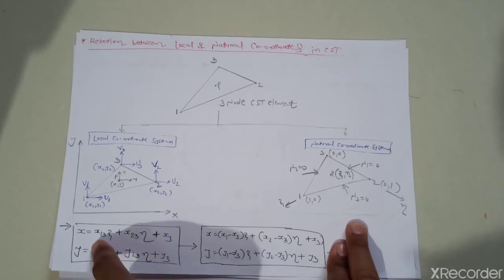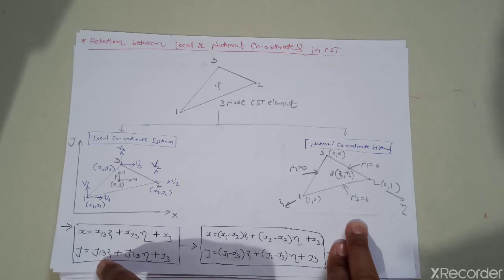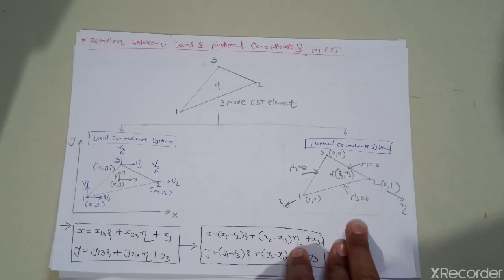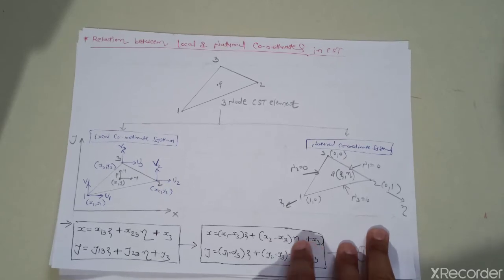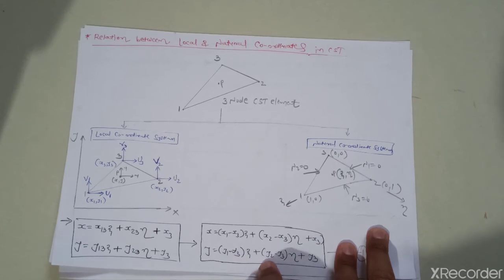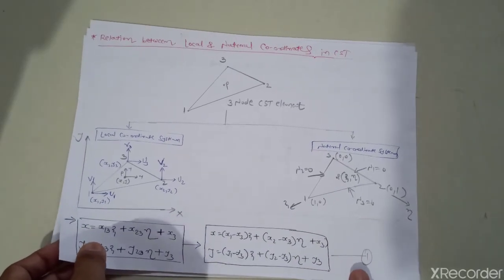If we expand x13, x23, y13 and y23, then x is equal to (x1 minus x3) zeta plus (x2 minus x3) eta plus x3, and y is equal to (y1 minus y3) zeta plus (y2 minus y3) eta plus y3. This is equation number 1.